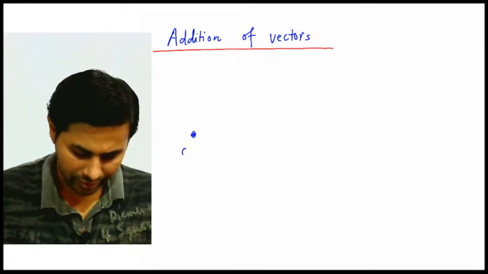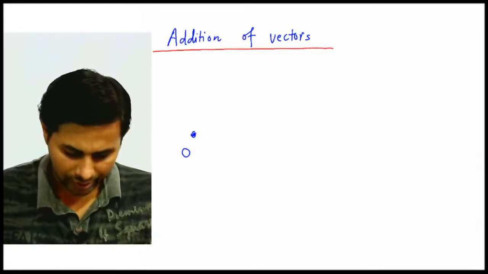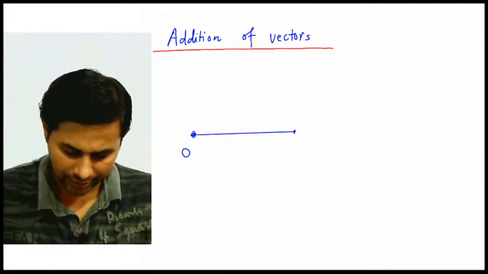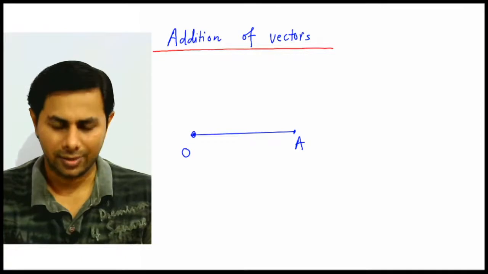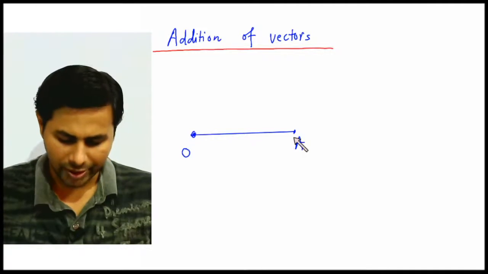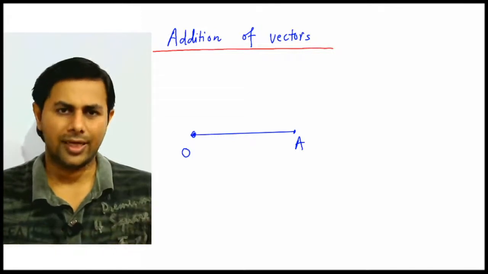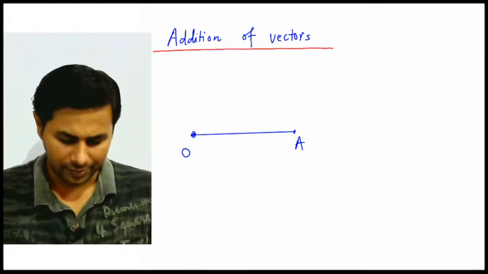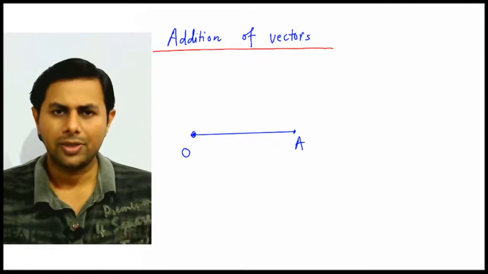Okay, so let's call it O, and it goes from this point to some other point, let's say this point. So this is A. Okay, we don't know the path along which it goes. The path can be anything, but we know what is displacement vector for this starting point and this end point. So displacement vector is the line joining start point and end point, and it is directed from start point to the end point.